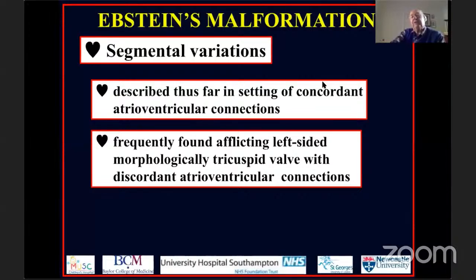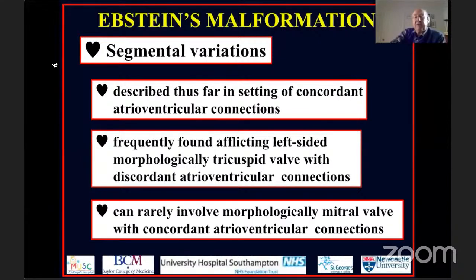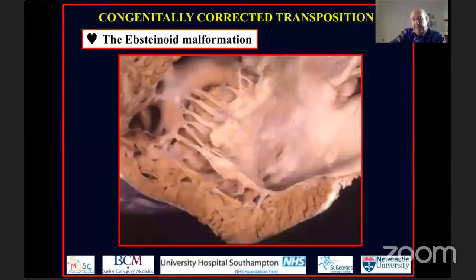And so in that setting, when there is usual atrial arrangement, the tricuspid valve is left-sided, and it is the left atrioventricular valve that is abnormal. So in the patient with congenitally corrected transposition, this lesion can seem to be the mitral valve, but of course it is the morphologically tricuspid valve. But very rarely there can be an ebstenoid malformation of the morphologically mitral valve, and then it is the mural leaflet rather than the septal leaflet that is involved.